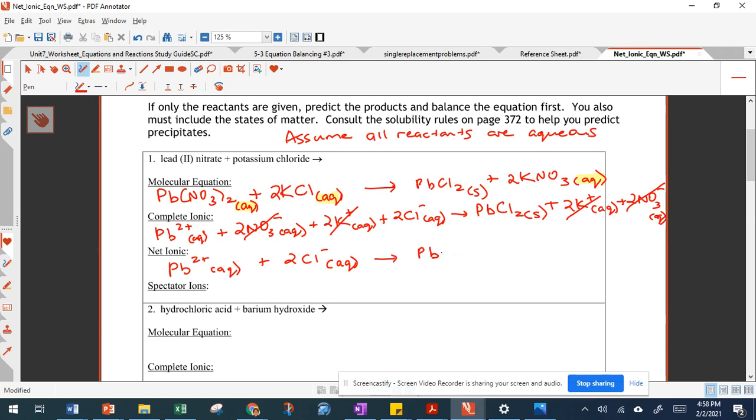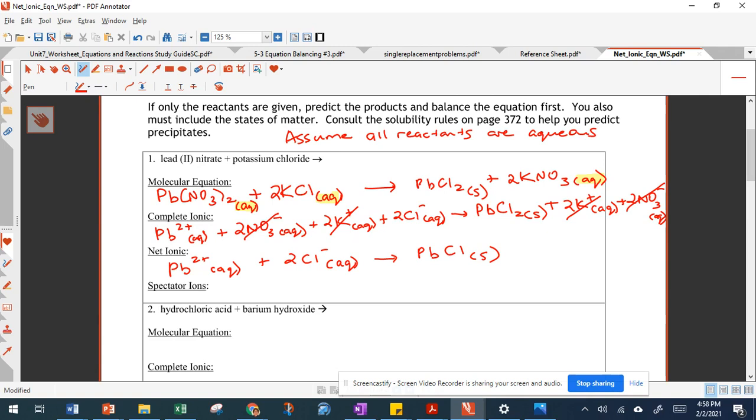And you notice here that my precipitate stays together still. Now you will also notice my complete ionic and net ionic equations are balanced, just like my molecular equation is balanced. If they are not, I might have made a mistake.